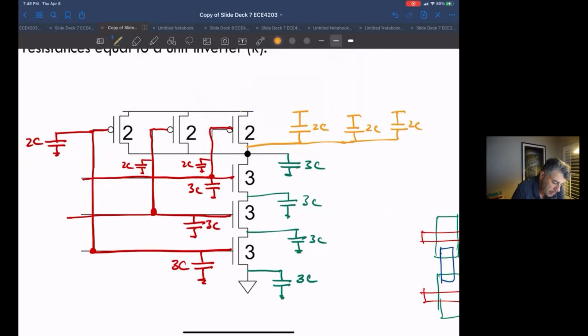I get similar capacitances here, but since it's going to VDD, it doesn't really matter what this capacitance is, because both sides of this capacitor are hooked up to VDD.